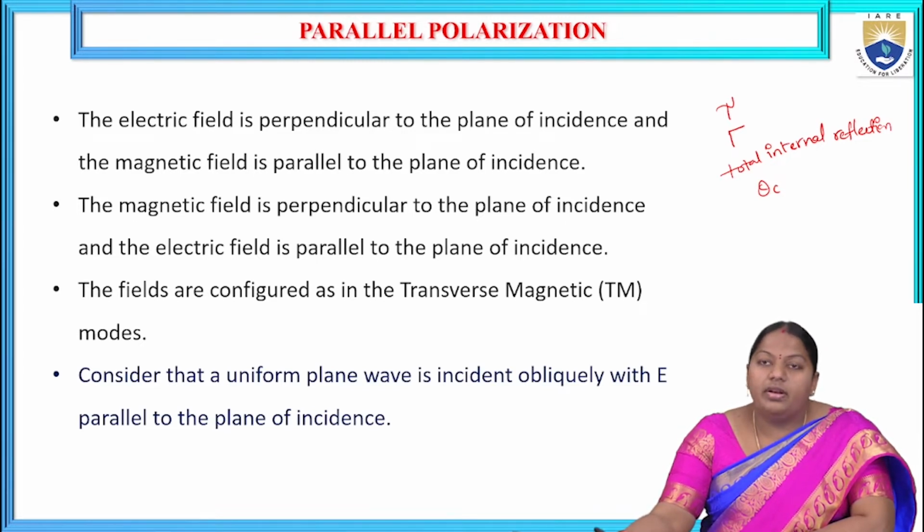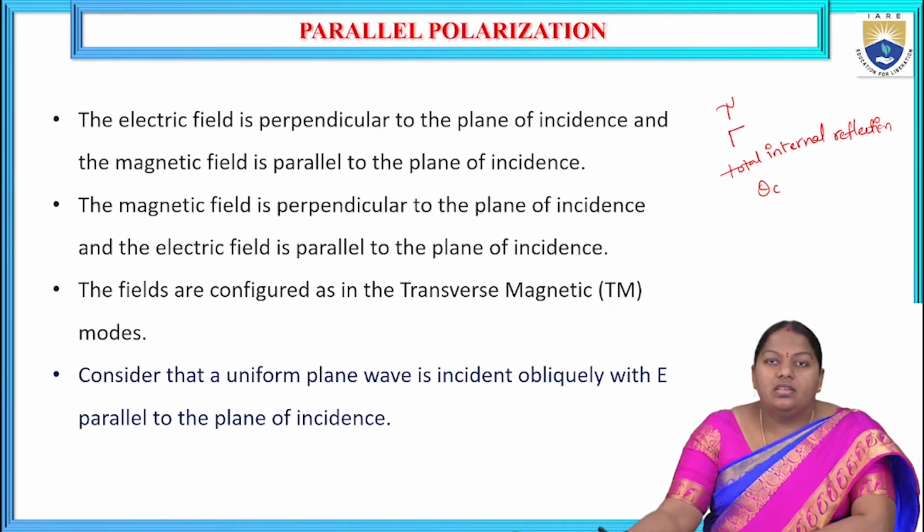This we have already learnt in the previous lectures, that is, oblique incidence at a plane dielectric boundary. Here, total internal reflection and the measurement of critical angle are independent of the type of polarization.